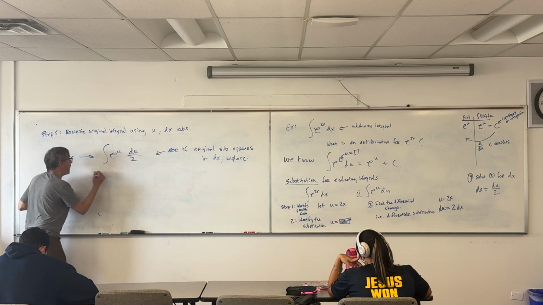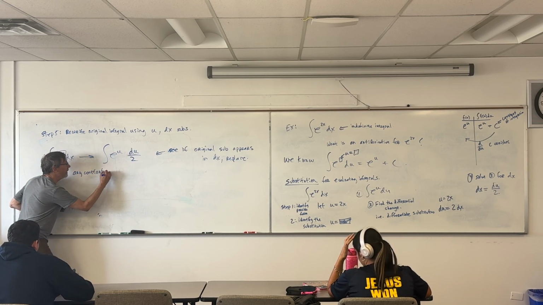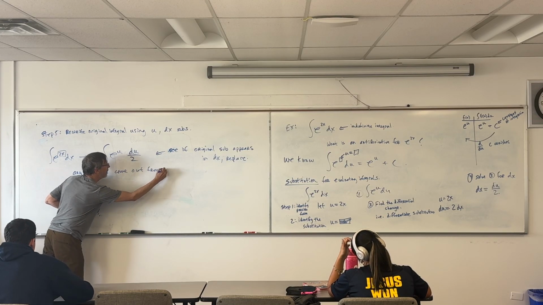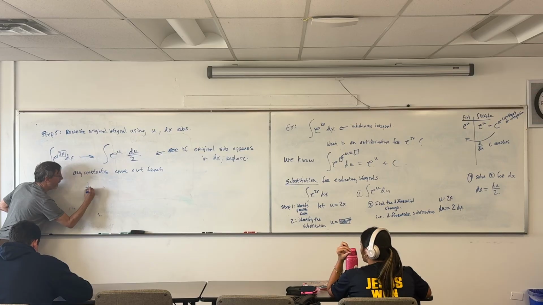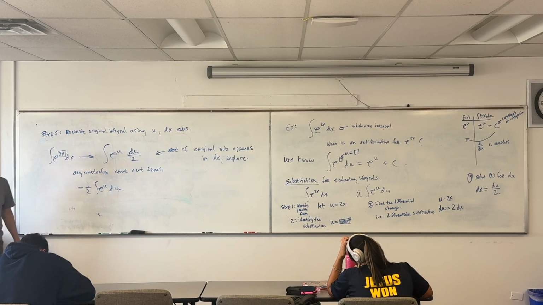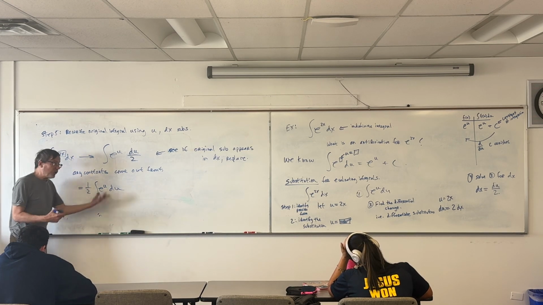So now, any constants that show up come out front. So I'm going to bring 1/2 out front, integral e to the u du. This whole process was for getting this 1/2 out in front, really. Now do the integral.